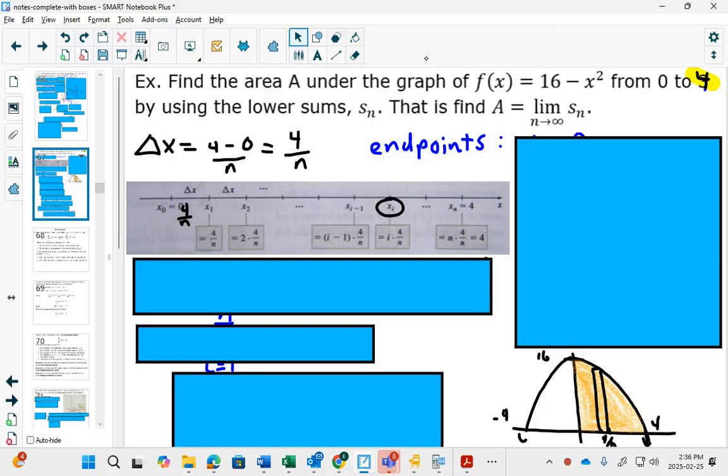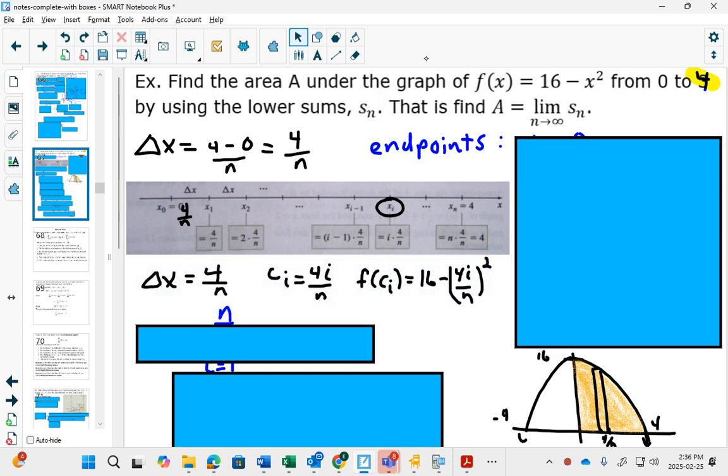Each of our rectangles, when you plug 4i over n into f of x, well, f of x was 16 minus x squared. So we plug in 4i over n for the x, and we get 16 minus (4i over n) squared. That's going to be the height of every single rectangle.